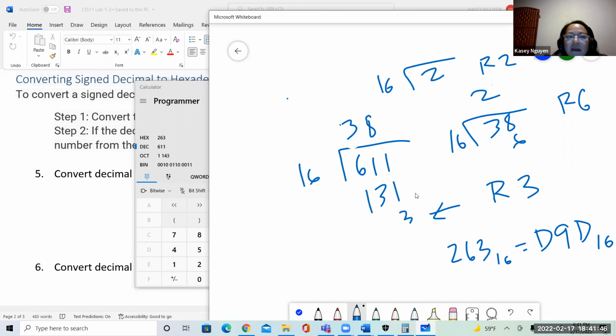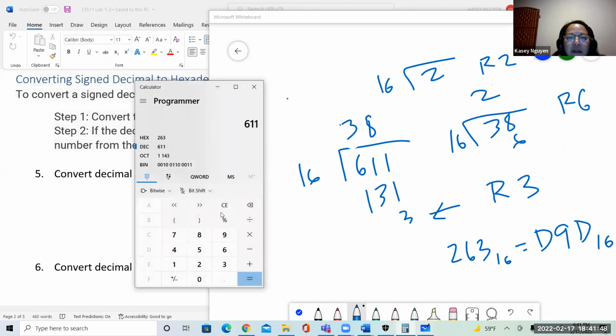Okay. So now when we do this and we do 611, right? See how it fills out all the F's in the front because we have it as quad word. So like the binary, it's going to fill the 1s in the front. So if you bring this down to a word, because there are more than 8 bits, right? Because you have more than 2 digits.